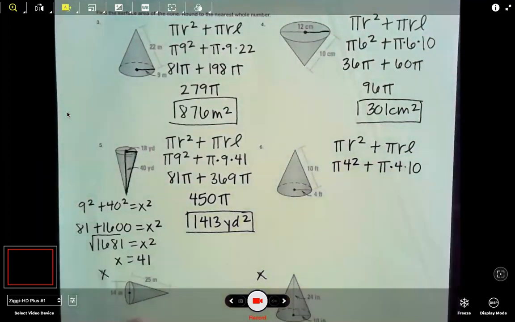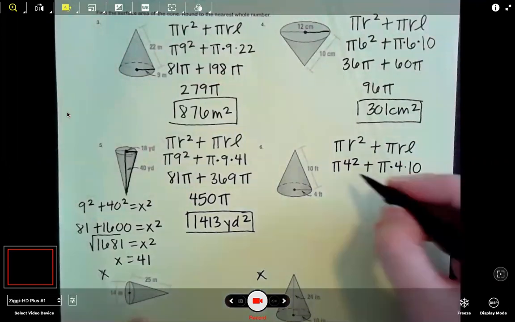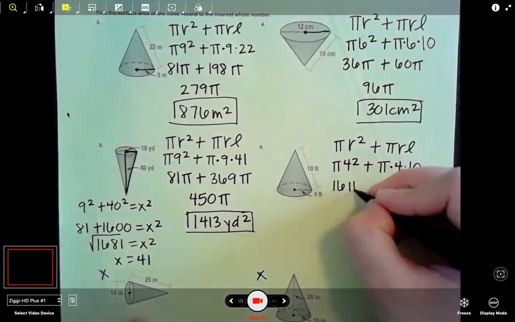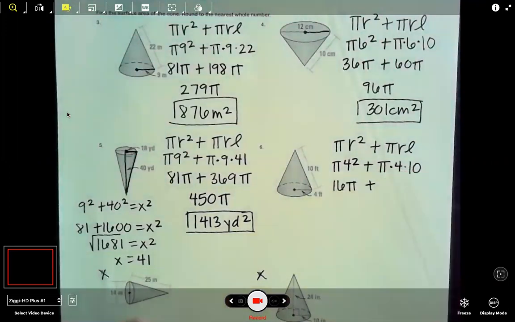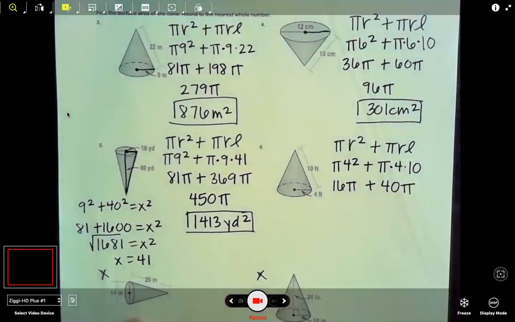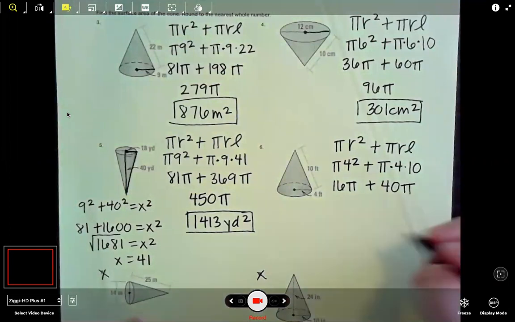Okay, from here, 4 squared is 16. 4 times 10? 40. Yep. Now what is 16 plus 40? 56. Beautiful. You guys are rocking it.